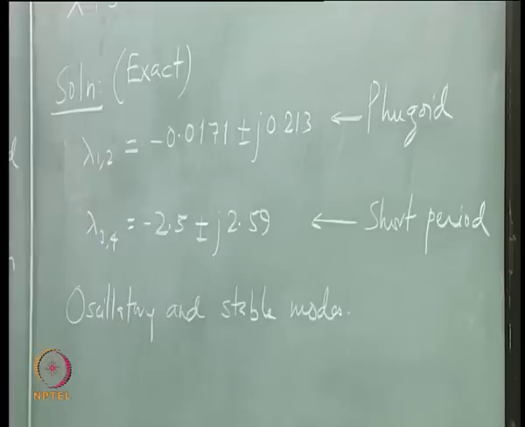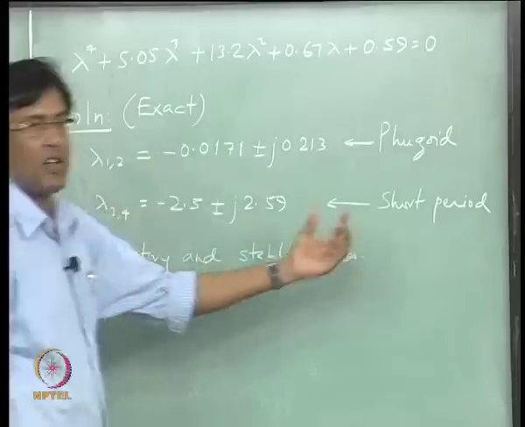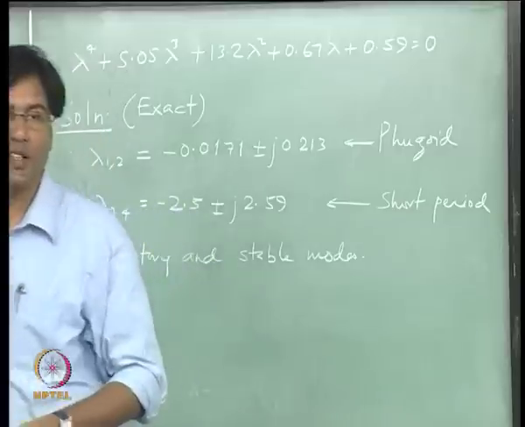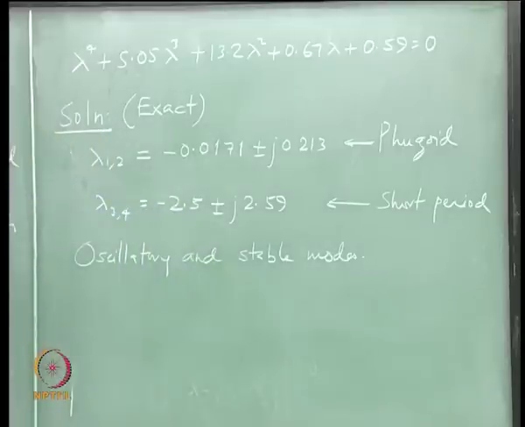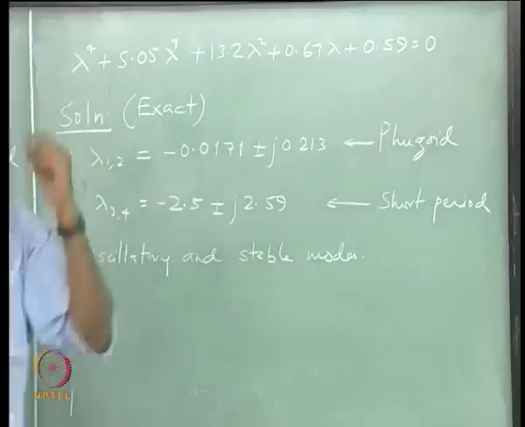So, let us try to see what is the other way of identifying that this set corresponds to the phugoid and this corresponds to the short period. The literal meaning of short period is short period, so the frequency is high, is it not? Phugoid is a long period motion.